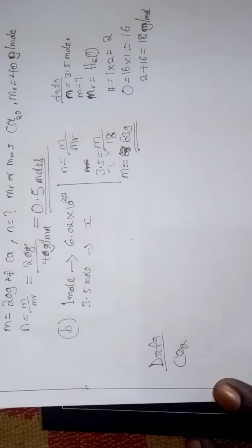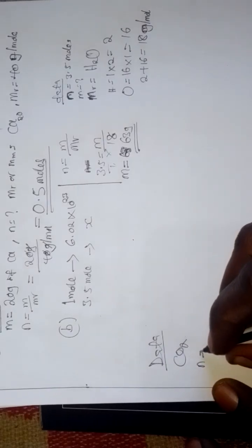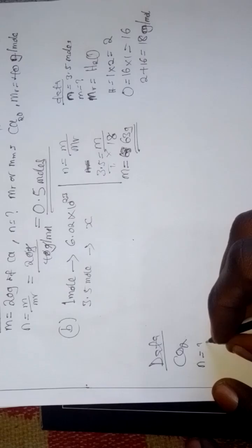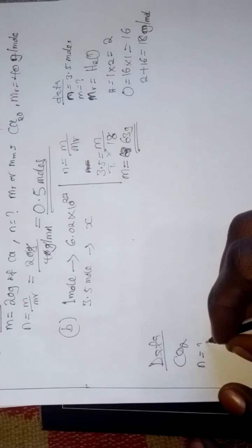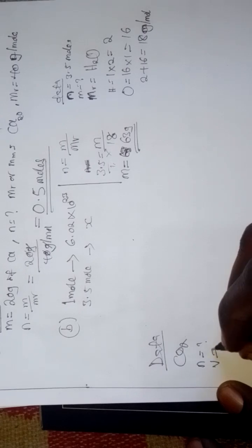Since they are asking us to find the moles, the number of moles we don't know, and the mass is not given. What we have is volume, 200 centimeter cubed.